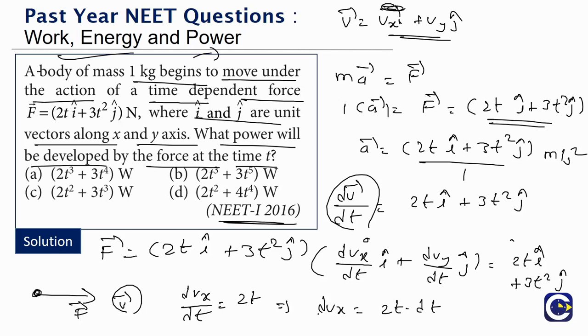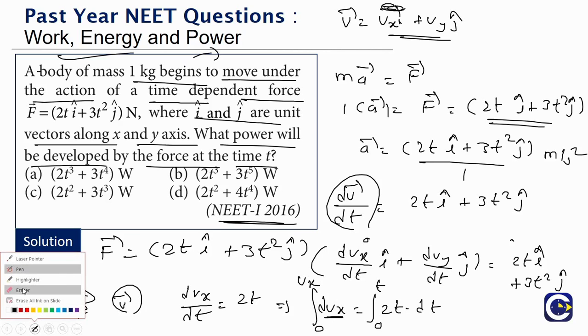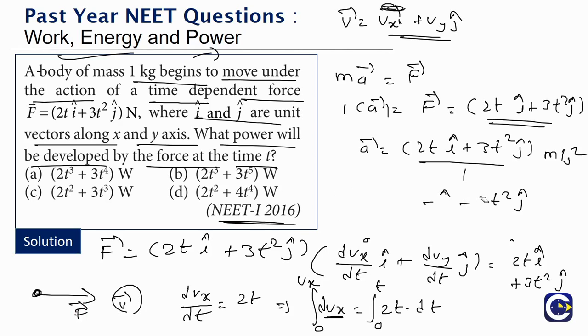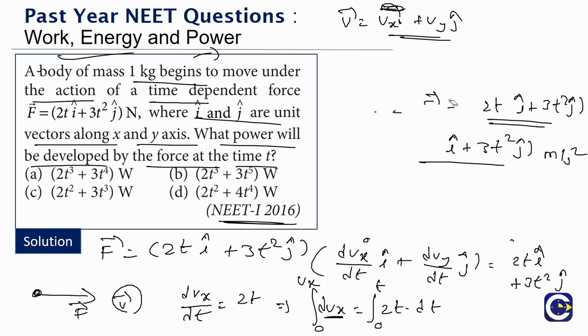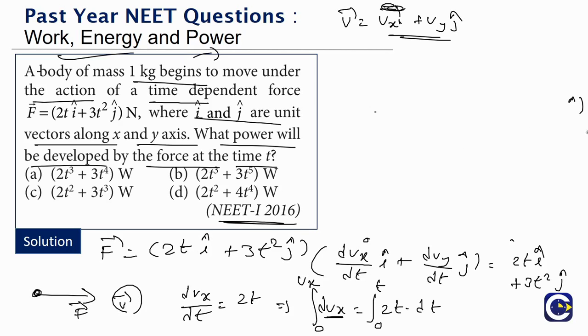2t dt. Now when we integrate this, the limits of time are 0 to t. The x component of velocity, it begins, means initially will be 0. Finally let us call it Vx. So here we have to conclude this by doing the integration. The x component of the velocity we will be able to get after time t by using this integration.